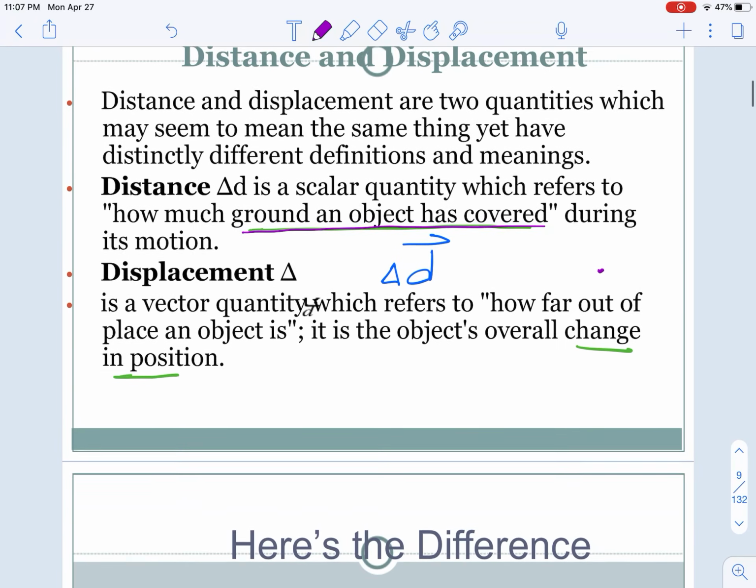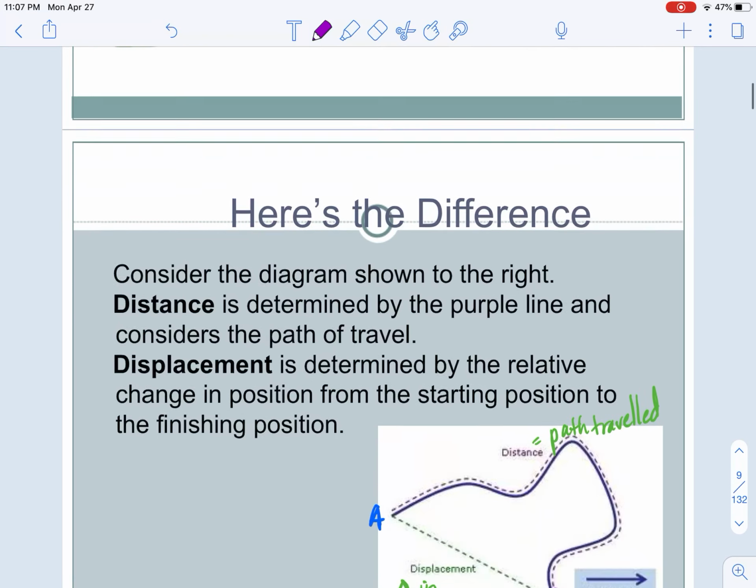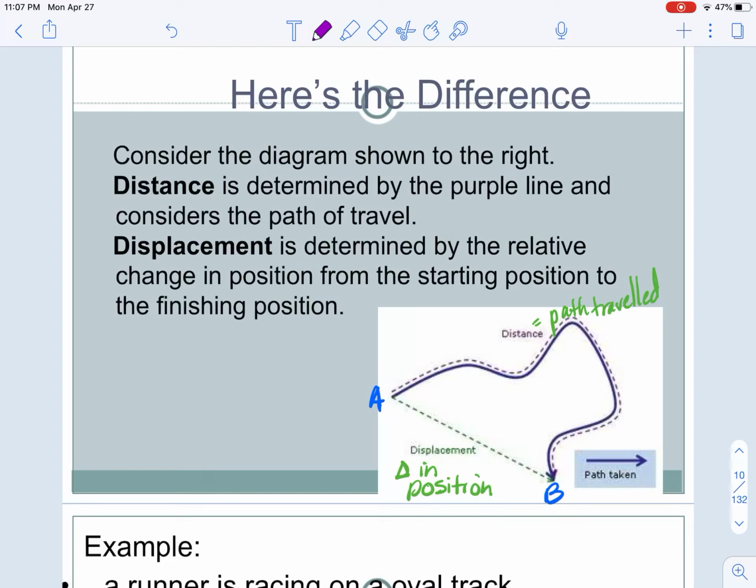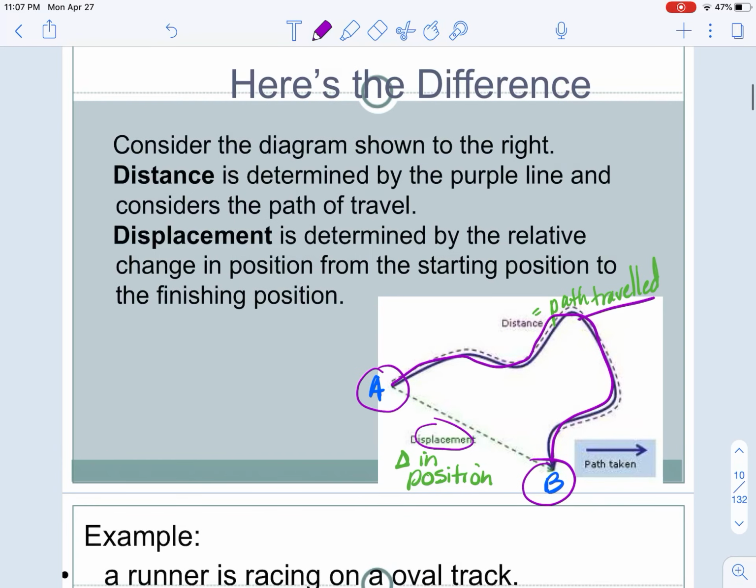That would be distance, whereas displacement is just where you went compared to where you started out and where you ended up. So if you look at point A and point B, distance would be the path that person traveled, whereas displacement would just be this distance from A to B, where they are compared to where they started out.